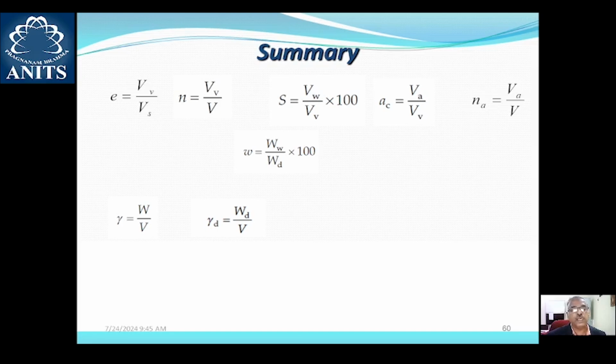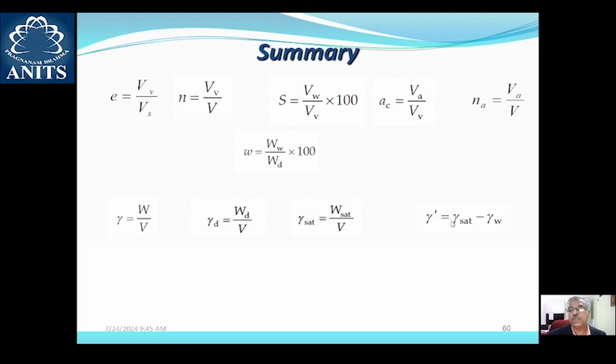So bulk density is a general term for when the soil is in any condition, and when the soil is in a dry condition, the bulk density itself becomes the dry density. Similarly, when the soil is in a fully saturated condition, the bulk density becomes the saturated density, because the denominator is the same and the numerator, the total weight of soil, becomes the weight of saturated soil.